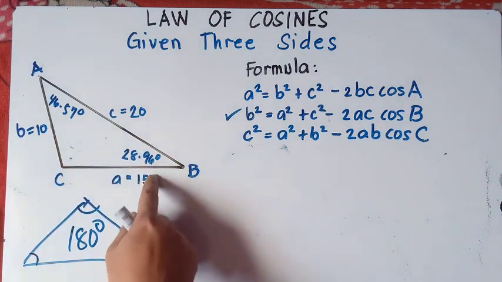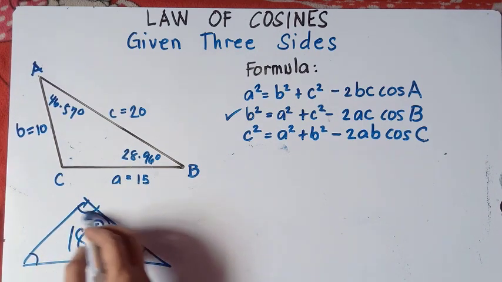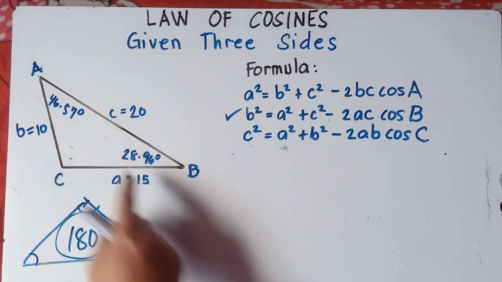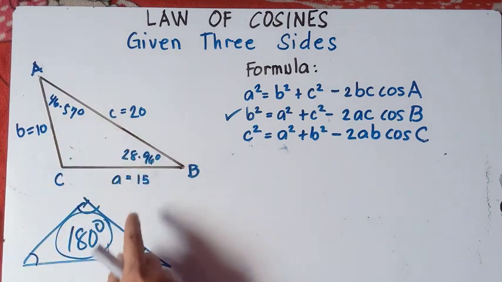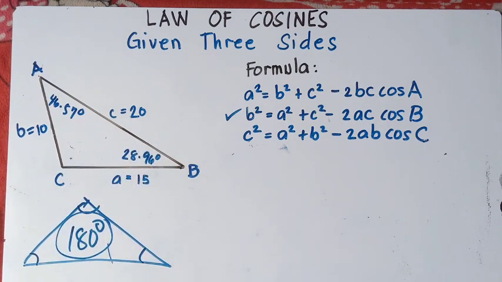Their sum, we subtract from 180 because we know that the sum of the three angles should be equal to 180 degrees. Since we already have two angles, we just need to get their sum and subtract it from 180 degrees.